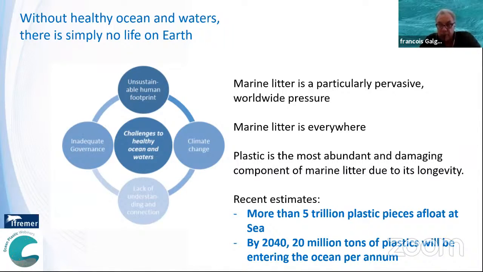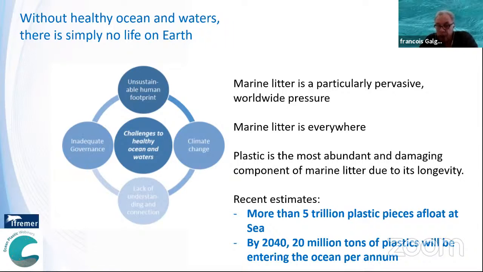So marine litter is known as being particularly pervasive, it's everywhere. Plastic is the most abundant part of marine litter because it will remain for centuries at sea.